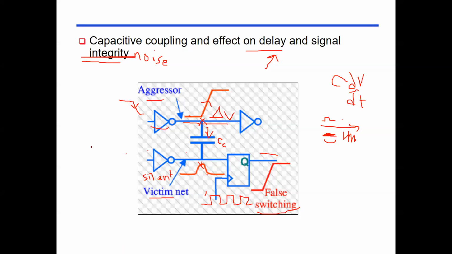Now what happens here, and we are not responsible for any examination on the noise topic. What really happens here, let us say that this inverter has a stable signal, which is 1.